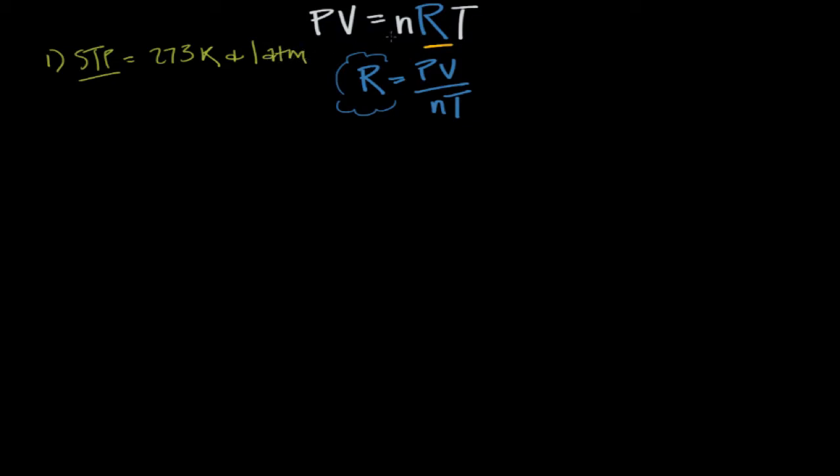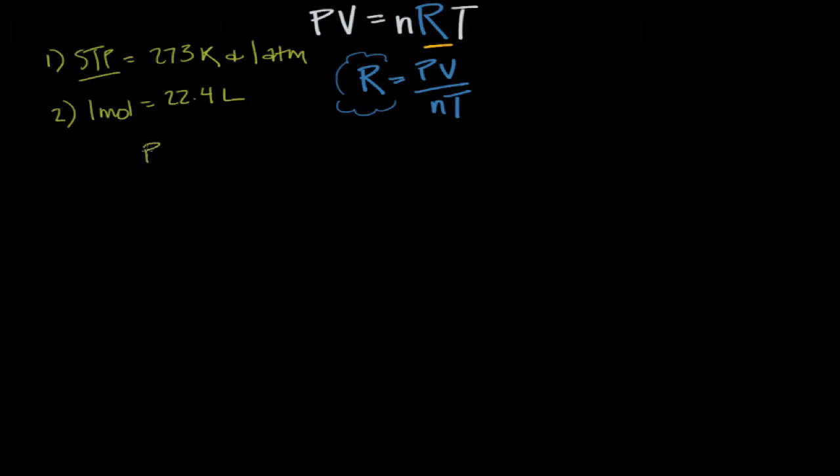So standard temperature and pressure is a nice theoretical condition that we can perform situational experiments with. The second thing I need to clarify is that we find experimentally that for any ideal gas, 1 mole of gas takes up a volume of approximately 22.4 liters. And we're going to use these conditions to find the ideal gas constant.